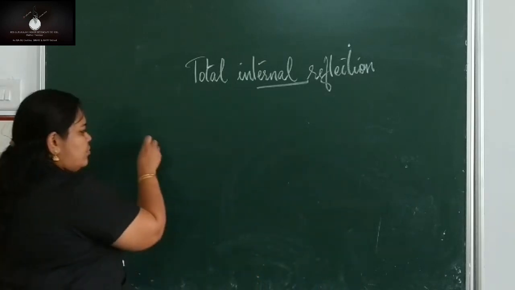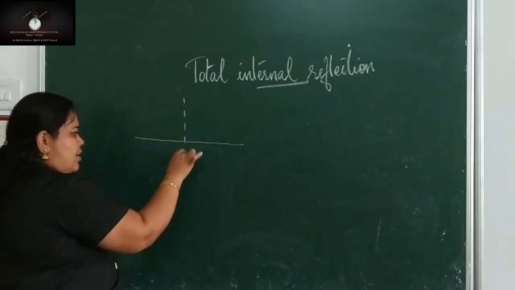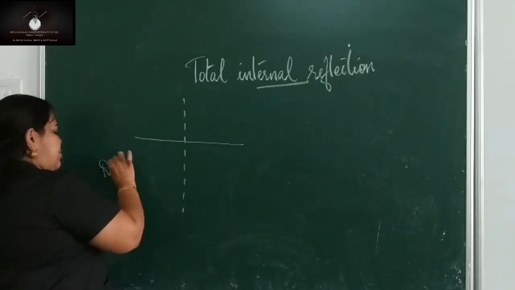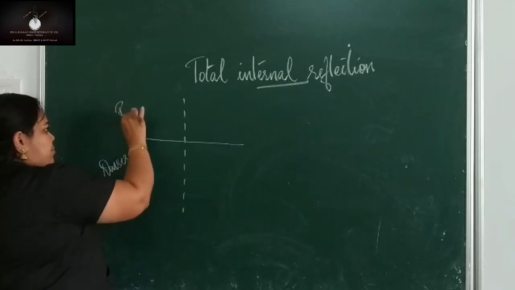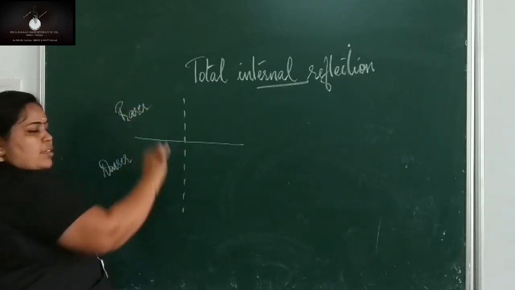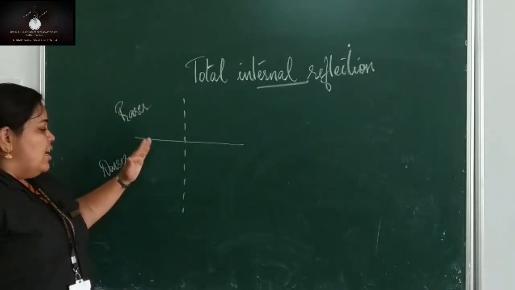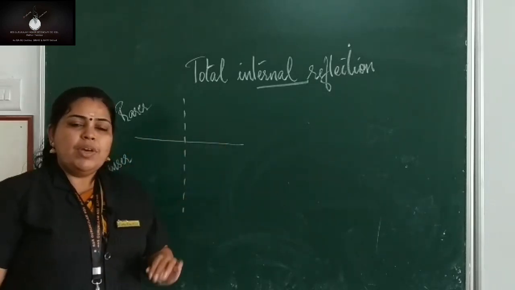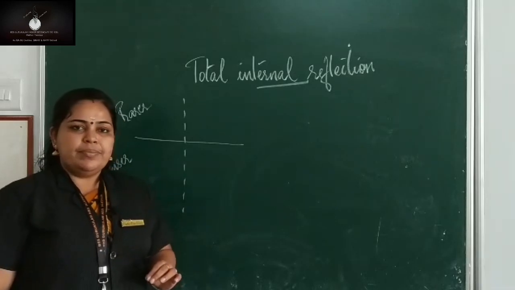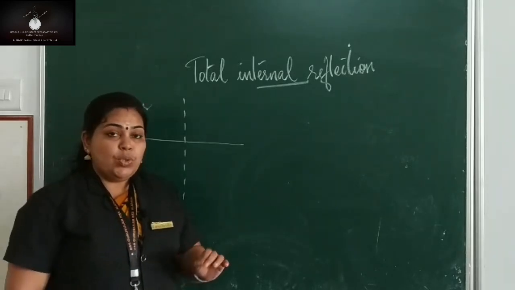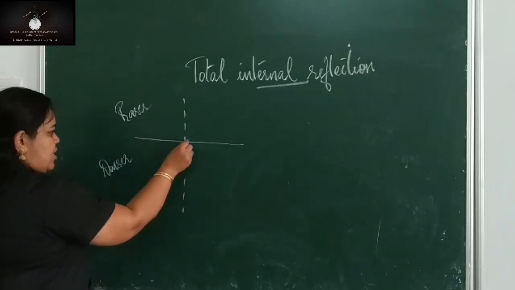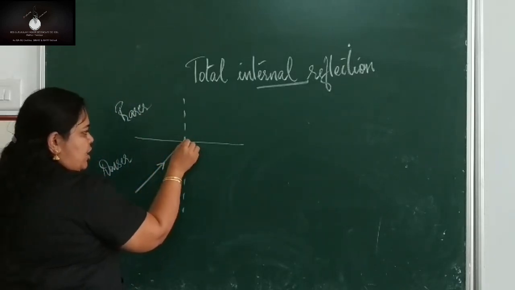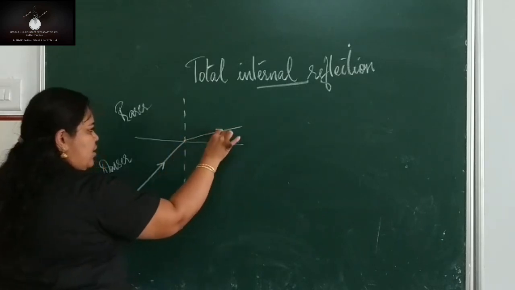Now, see, here the light ray is traveling from a denser medium to a rarer medium. Listen, if a light ray is traveling from a denser medium to a rarer medium, what will happen to that light ray? It will move away from the normal, isn't it? So when a light ray is traveling from a denser medium to a rarer medium, it moves away from the normal.